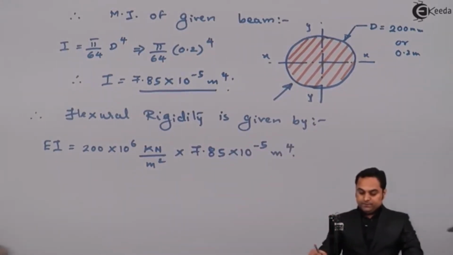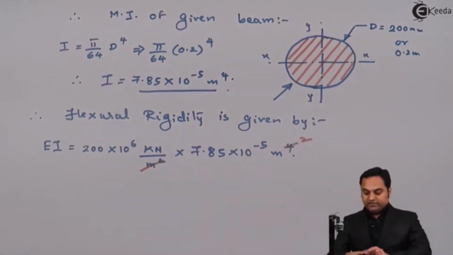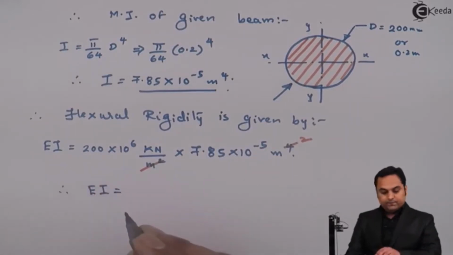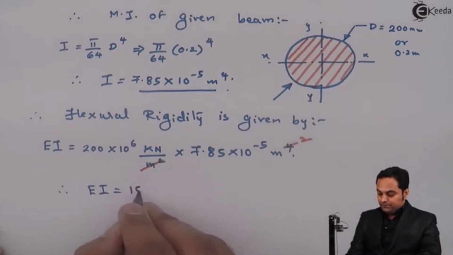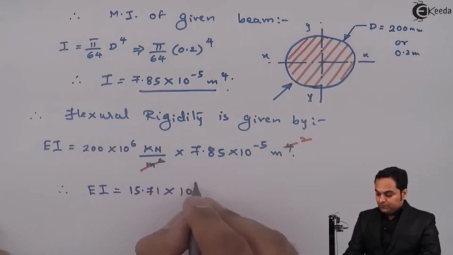So here meter square and meter square get cancelled. If I calculate this term, the EI value comes out to be 15.71 into 10 raised to 3 kilonewton meter square.